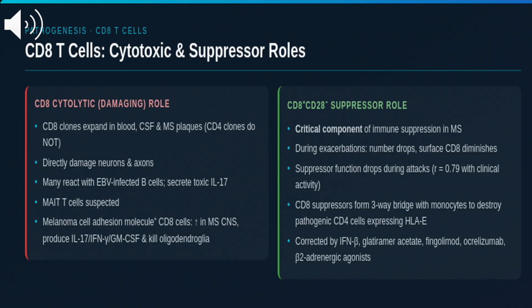These suppressors form a three-way molecular bridge with monocytes to destroy pathogenic CD4 cells expressing HLA-E. The clinical bottom line: correcting CD8 suppressor function is a common mechanism of action shared by IFNB, glatiramer acetate, fingolimod, and ocrelizumab, providing a unifying explanation for how very different drugs achieve similar clinical effects.